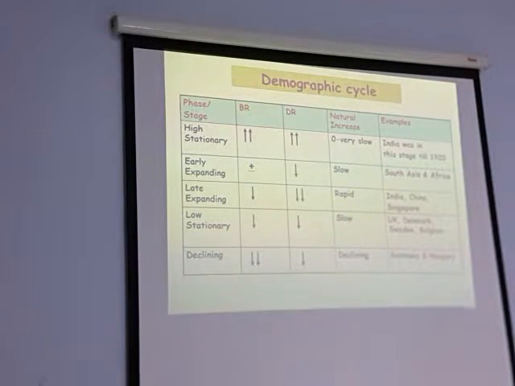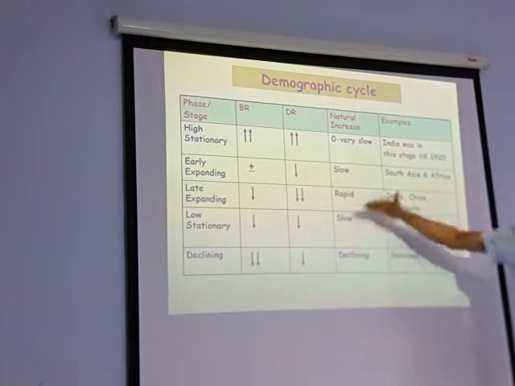People were dying like anything because of communicable diseases. So people were coming in, but an equal number were dying because of tuberculosis, whooping cough, so many communicable diseases, diarrhea, and cholera. Now you are controlling them. So that's what's happening now over a period of time.